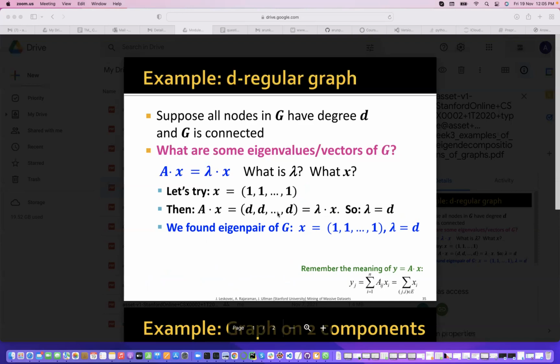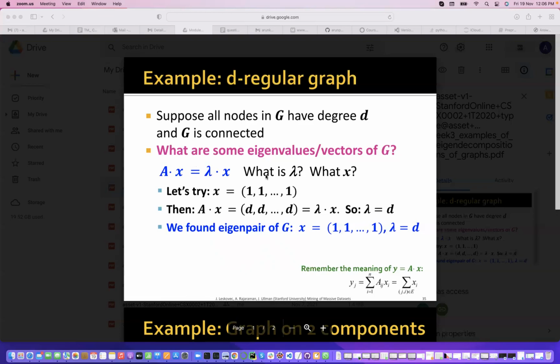Do you still have any doubt here? He is giving simply an example: if you assume this condition, you know that on the right side you should get a vector with all D values. You know the definition of Ax, that will come exactly as all D's, right? Because you are summing up only neighbors, and how many neighbors it has.